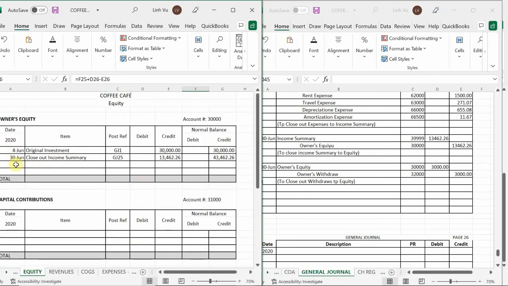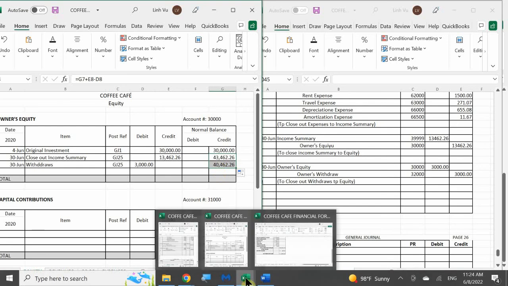And since I closed it out to equity, which gave me a debit, that should decrease my value down to $40,462.26, which, what does this number match to?